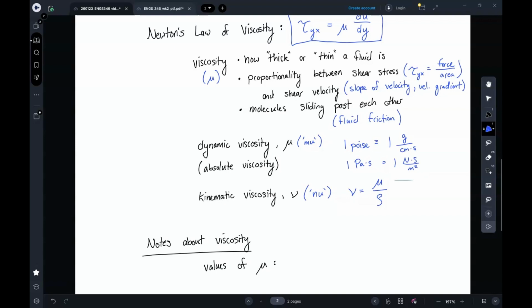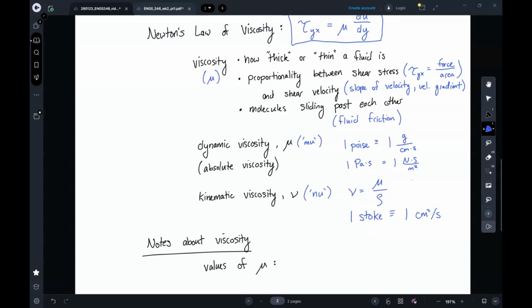Kinematic viscosity, the units are a little bit more straightforward. We have units of Stokes, or 1 stoke, which is defined as 1 centimeter squared per second. And this is actually a unit of diffusion rate.